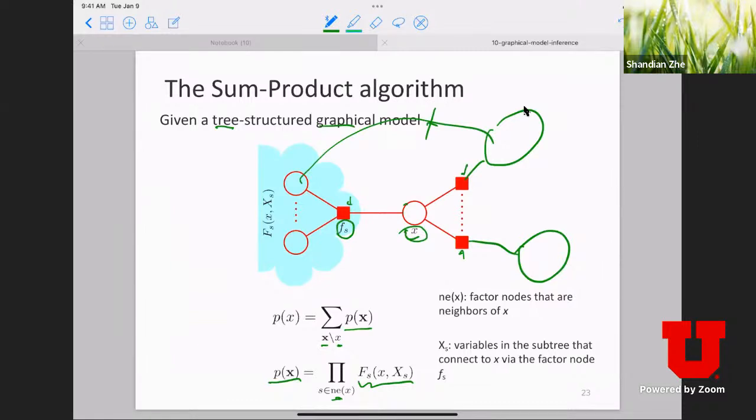It consists of the node x, our target node, and all the remaining variables inside this subtree. The key observation is that all the variables here are non-overlapping with all the nodes in here. That's why we can decompose it as a product across the subtrees. Does it make sense?